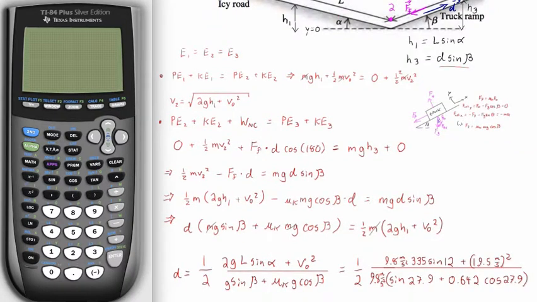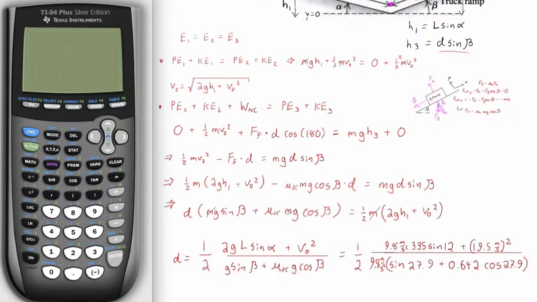I just fixed a missing 2 that we lost on the 2gh1. Now we can plug in our values and find our final result.